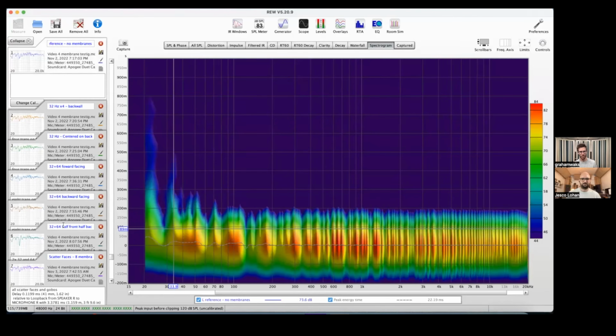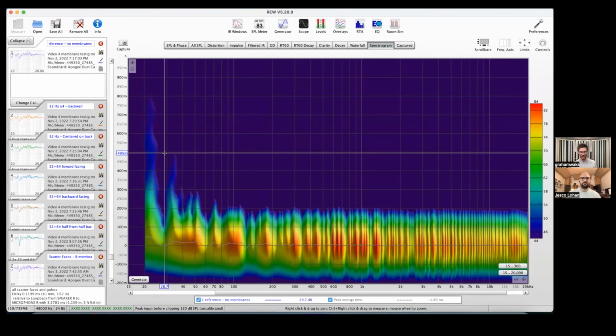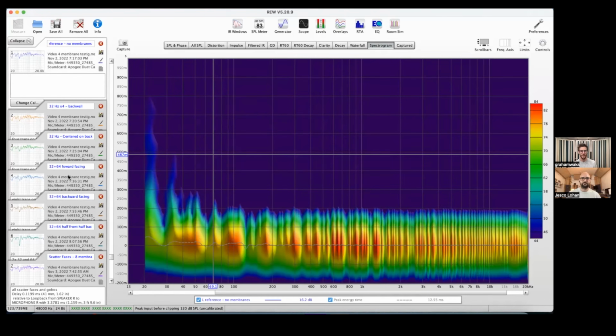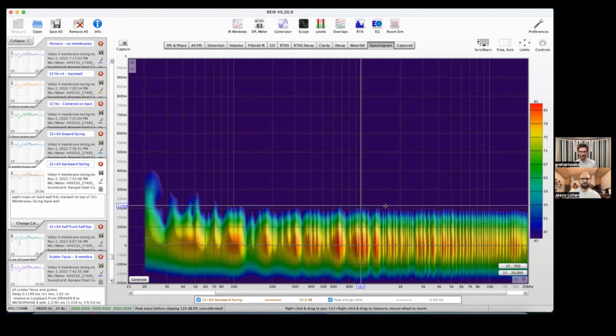This didn't change much here, but just in terms of sitting at the listening position, the change from not having the membrane traps, so having this extra decay in the lowest octave bands within the room, and then changing over to this was pretty massive feeling and sounding.